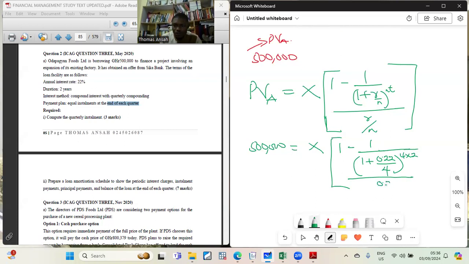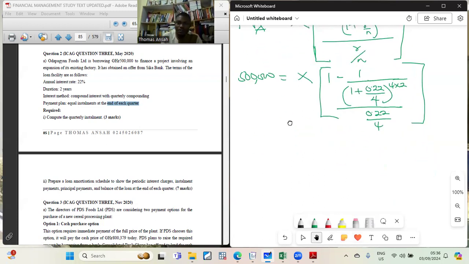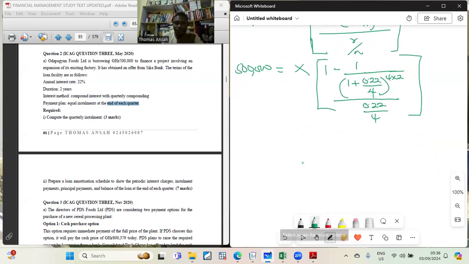And we have 0.22 over 4. That is how you go about it. So you solve the ones here first. So I have 0.22 divided by 4 plus 1 raised to the power. So I'm basically doing the one down here. Raised to the power.